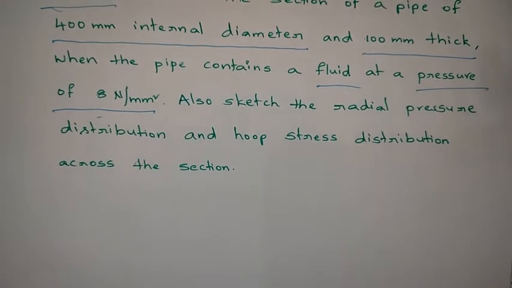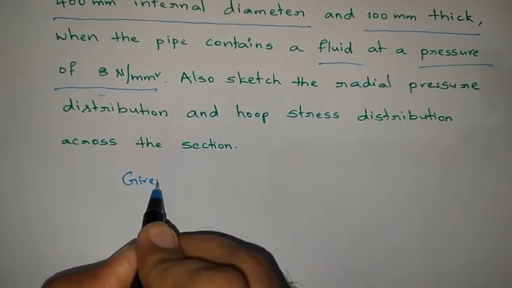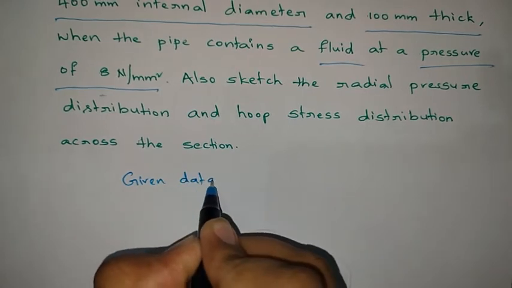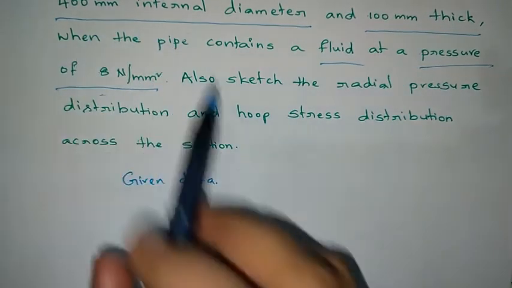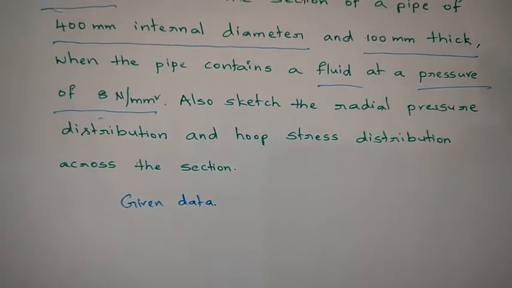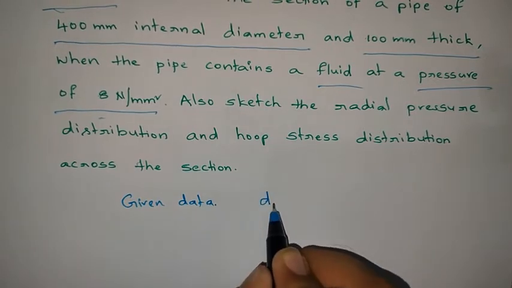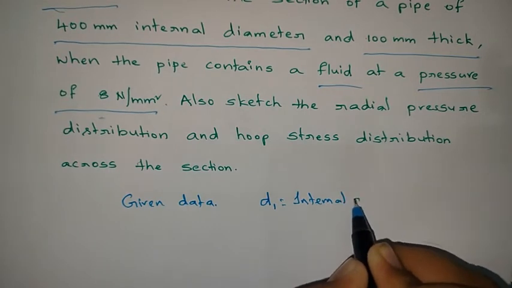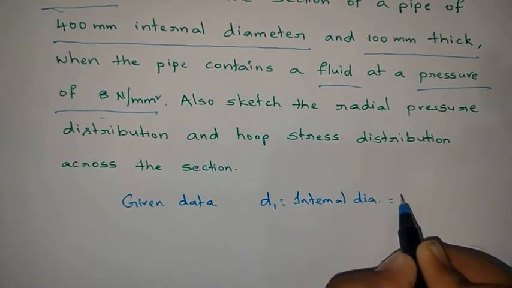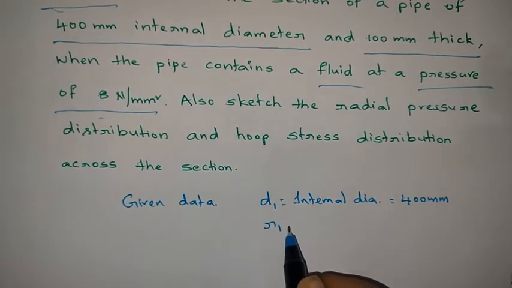Okay, so first write the given data. So what is the given data? So the given data is fluid pipe internal diameter is given. So internal diameter means D1 is the internal dia and that is equals to 400 mm. Then what about the internal radius?